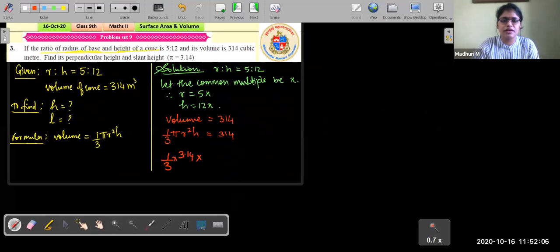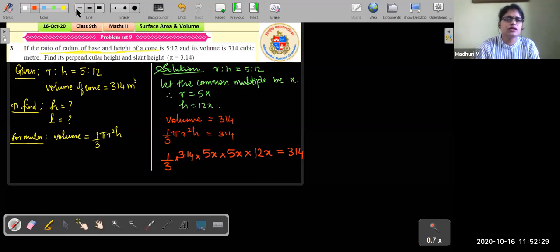Radius is 5x. I'm going to put dots over here for multiplication. The dot denotes multiplication, or else there is confusion. So 5x times r squared, so I'll put another 5x, and times height, which is 12x. And this is equal to 314.